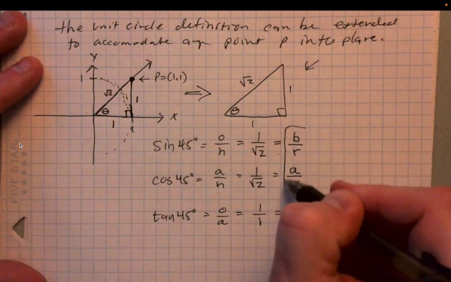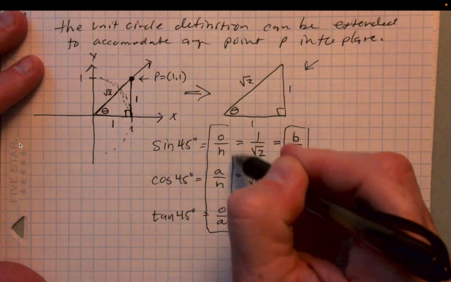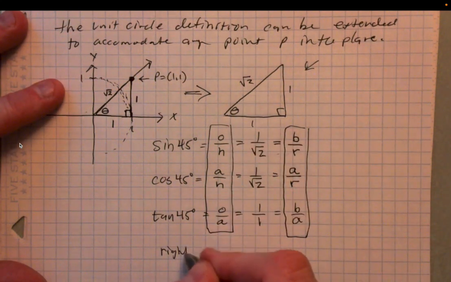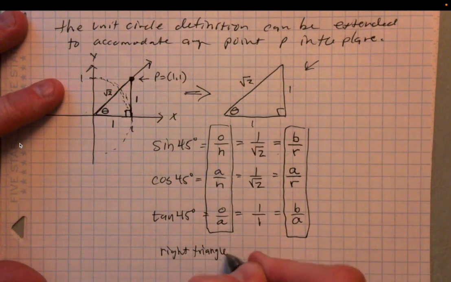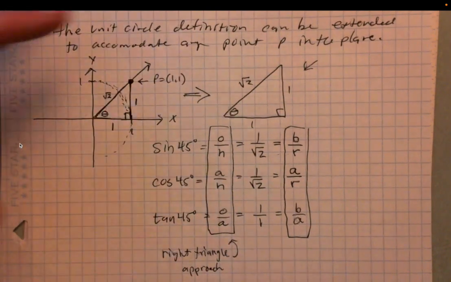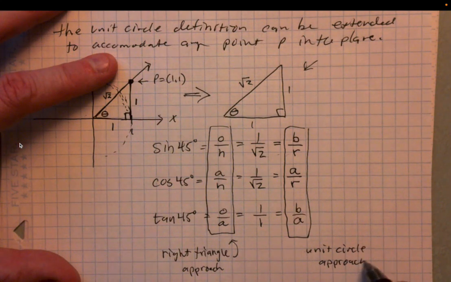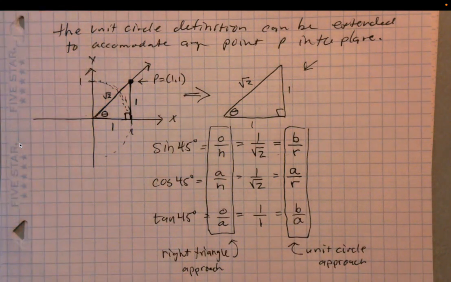This is the unit circle approach here, and this is the right triangle approach. This is how we think about it in terms of the right triangle. Here's how we think about it in terms of the unit circle. And so this r, as you can see, corresponds to this hypotenuse value in the right triangle approach.